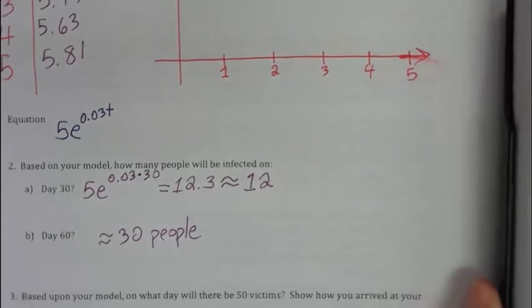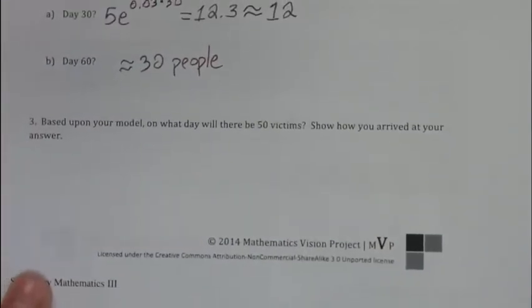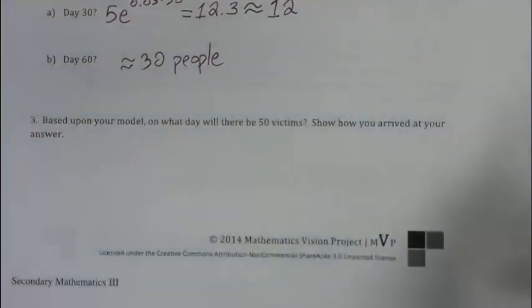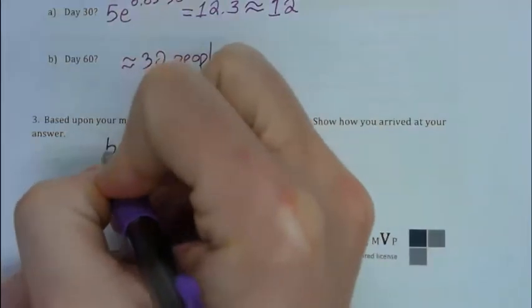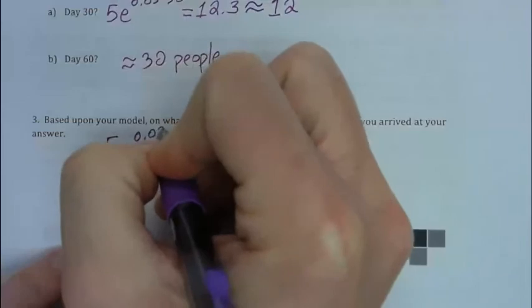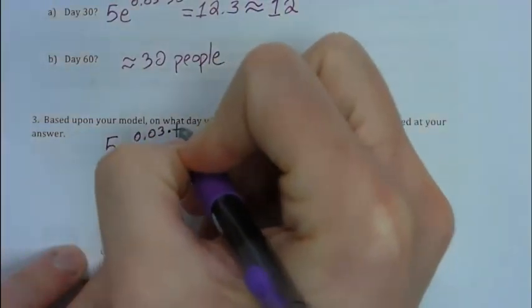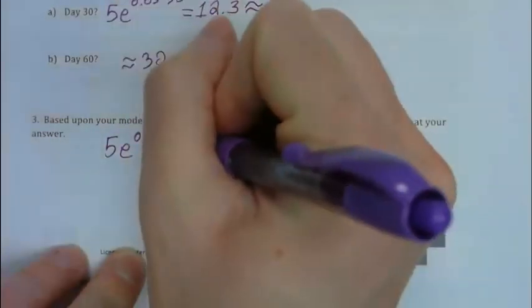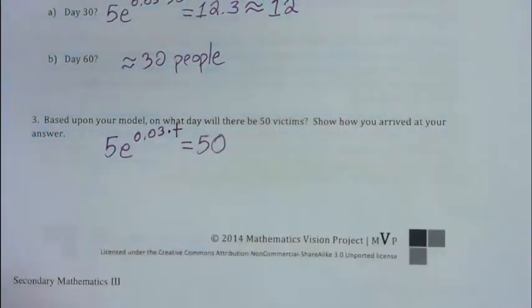So what we're going to do here is use some solving equation skills. If I want to figure out when it's going to be 50, I have 5e^(0.03 times some amount of time, t), and that is going to be equal to 50.